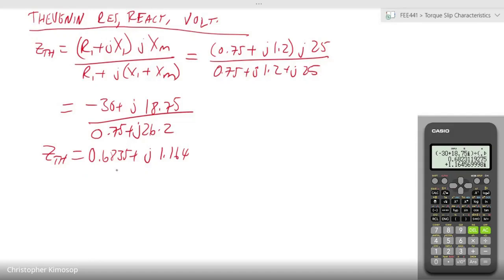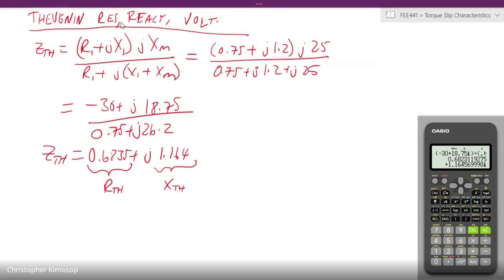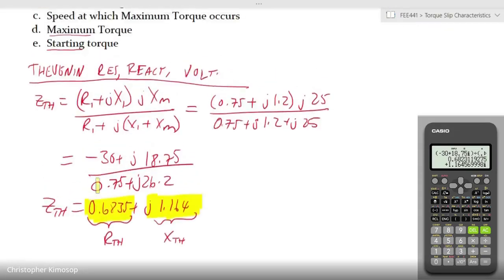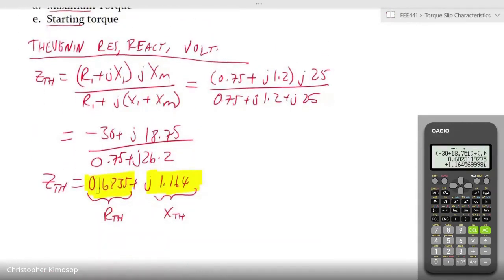Now we said this is Thevenin resistance and this is Thevenin reactance, so our R Thevenin is given by that, and our X Thevenin, our reactance, is given by that. Okay. So that's the first step.